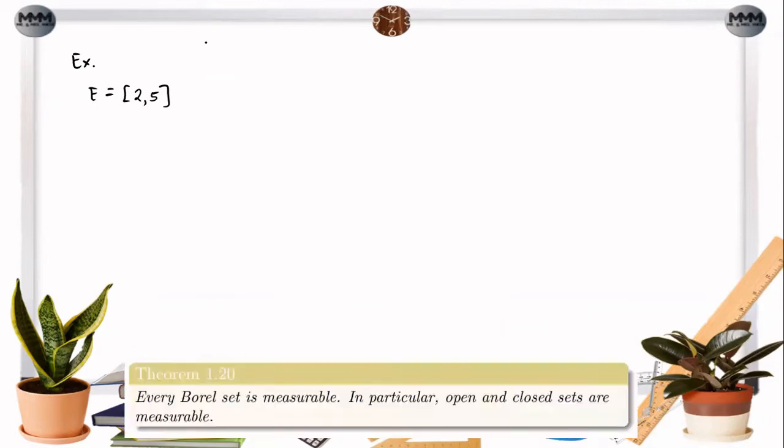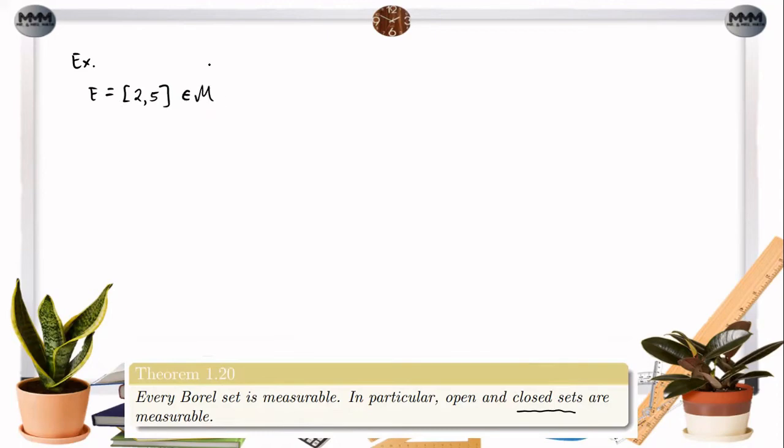By Theorem 1.2, which I have discussed already, every Borel set is measurable. In particular, open and closed sets are measurable. So we know that this is a closed set, so this is measurable. Hence, this belongs to script M.